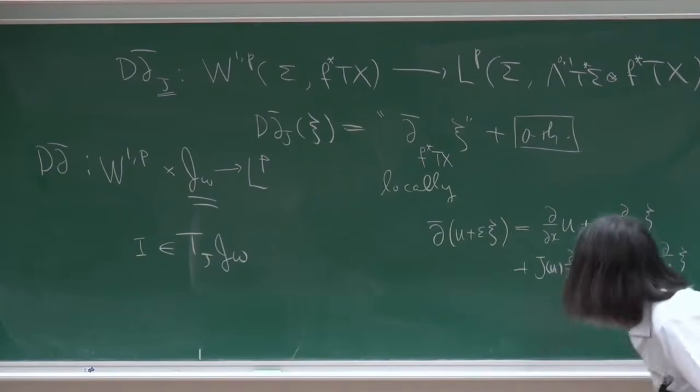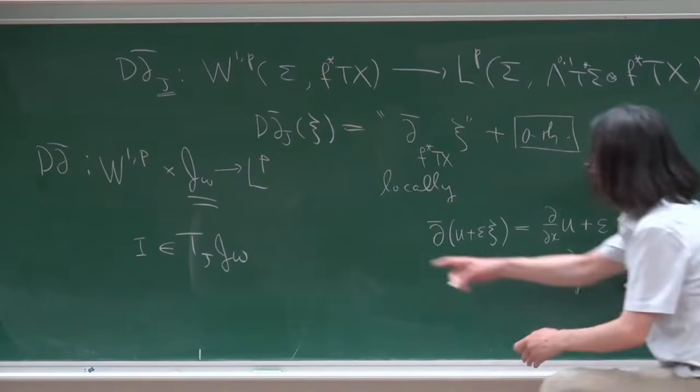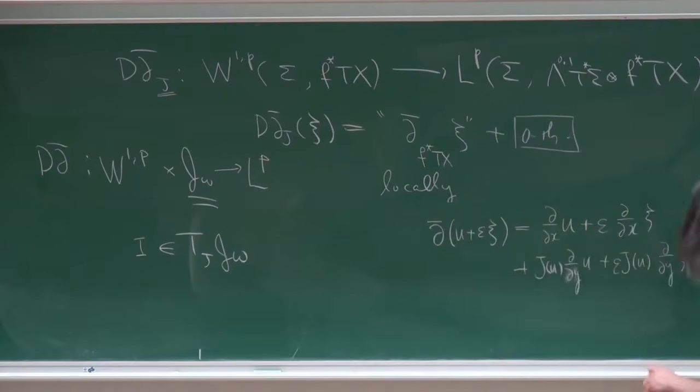Something like this. So now I also vary J by I, right?